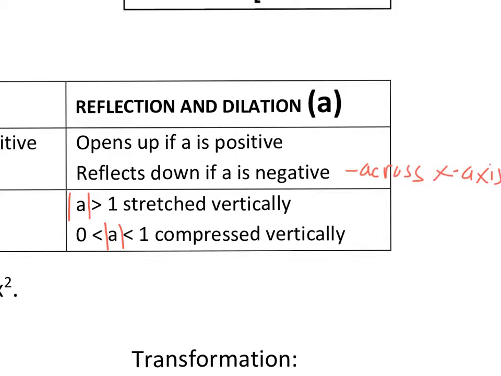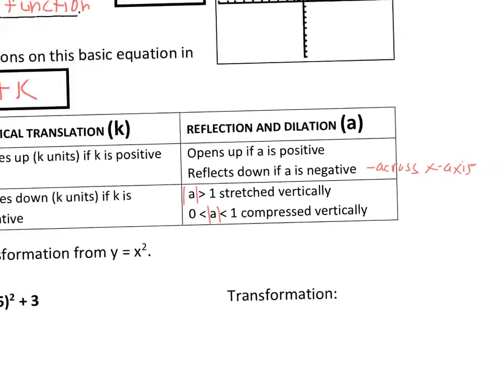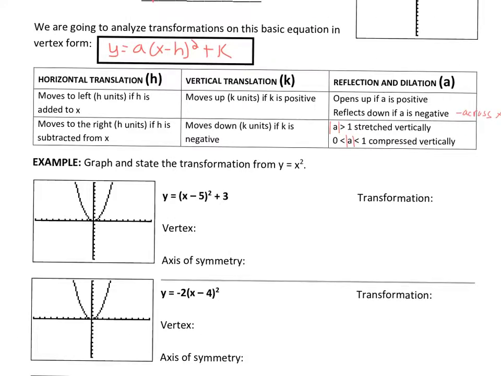Once you get the reflection, just worry about the absolute value of the number. If it's greater than 1, it's a bigger number, so it's stretching vertically. If a is a fraction between 0 and 1, like 1/2 or 1/3, that means it's compressing, getting fatter or smaller. All right, so let's go through an example or two.